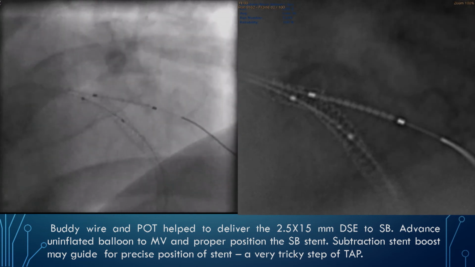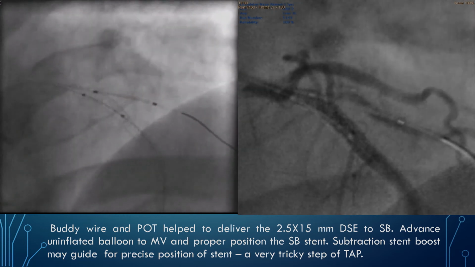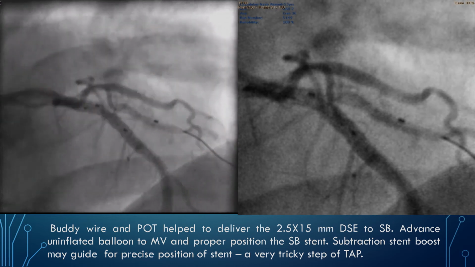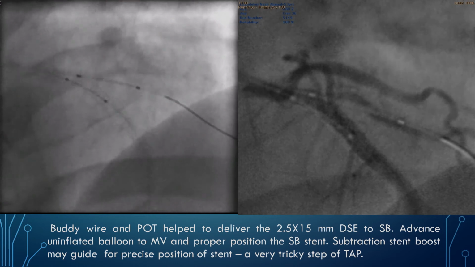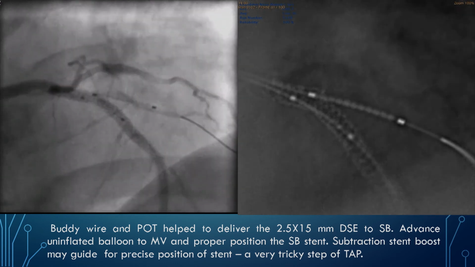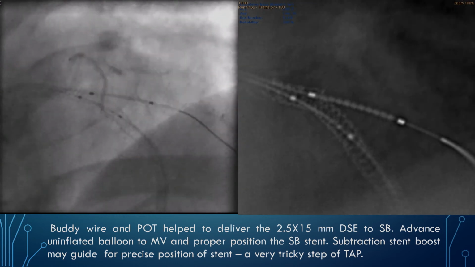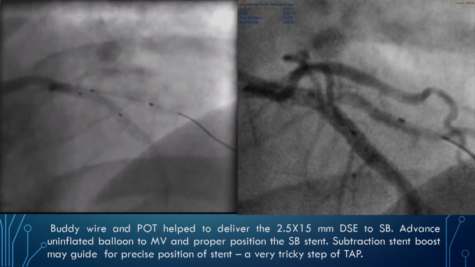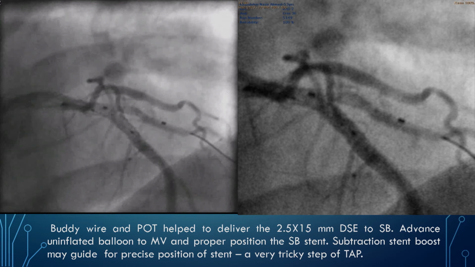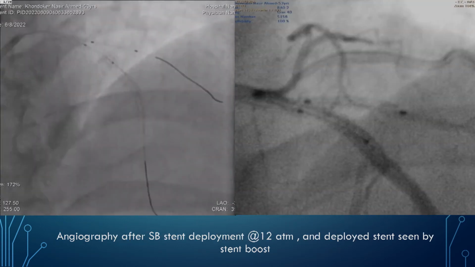And then I advanced the uninflated balloon into the main branch for proper positioning of the stent. This could be done by subtraction StentBoost, which may guide precise positioning of the stent, because precise positioning of the stent is the tricky step of T-stenting.